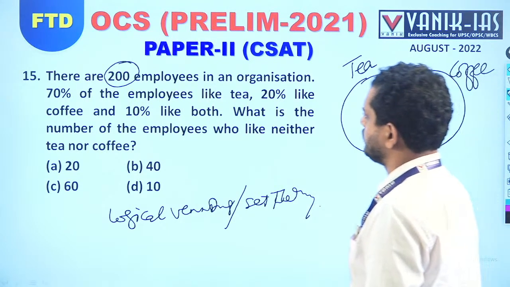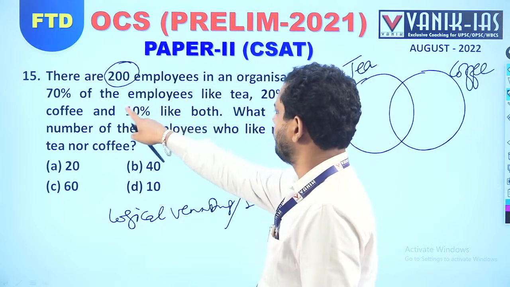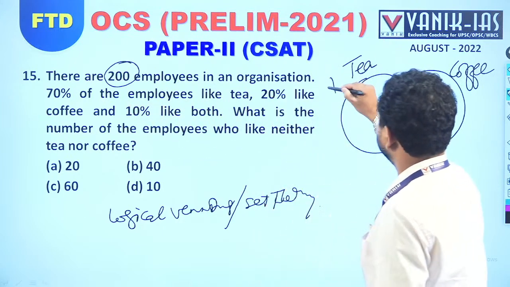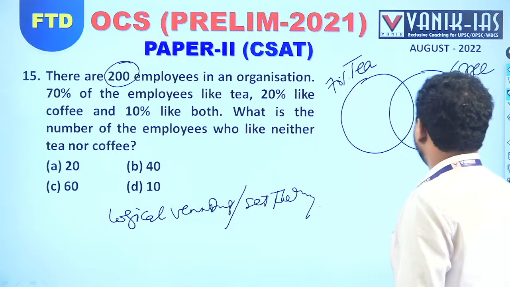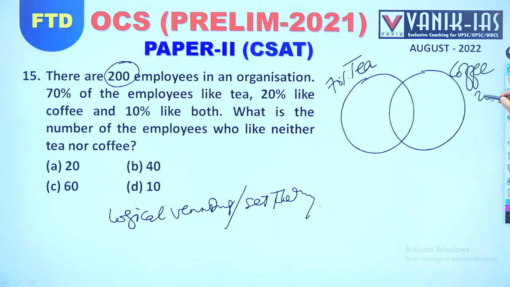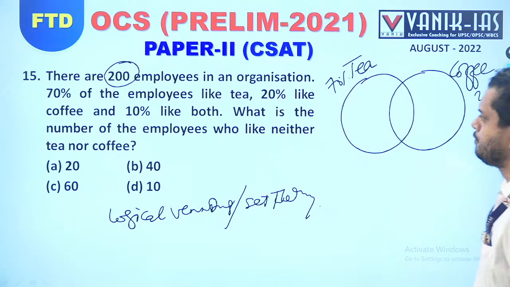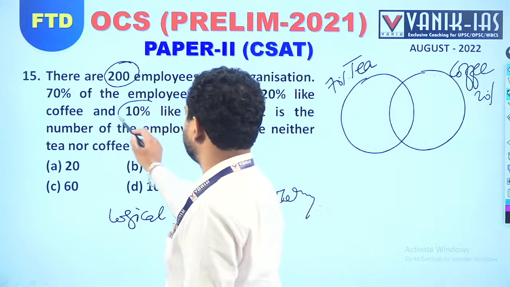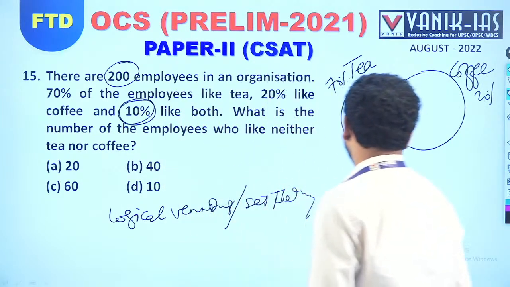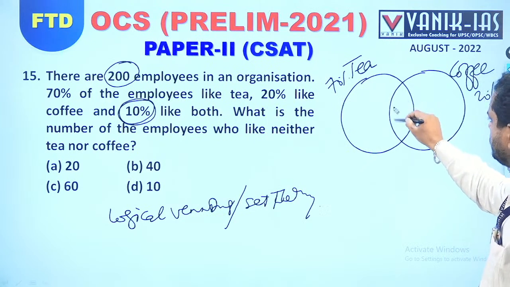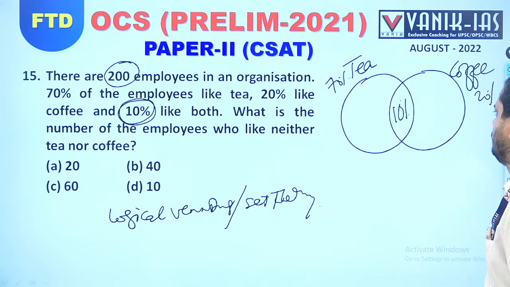And what exactly is given is 70% of the employees like tea, and over here is 20% coffee. And don't forget this segment, 10% like both. This segment is 10%, right?